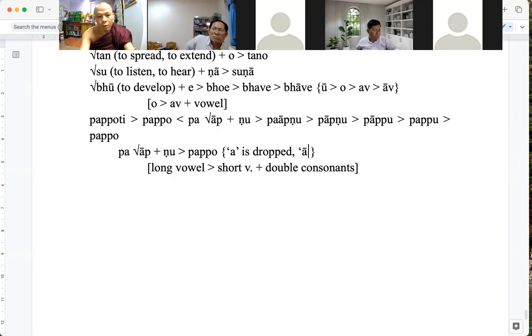So it becomes short, and then this ba and the na, next step. Ba na changes to the pa pa. And the last stage, this u becomes the o.